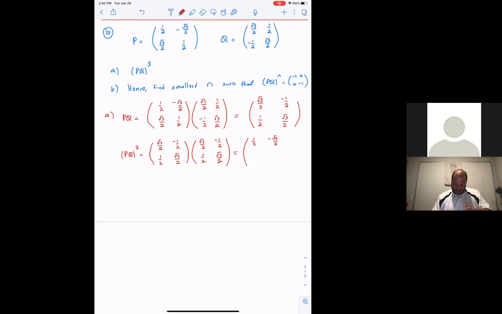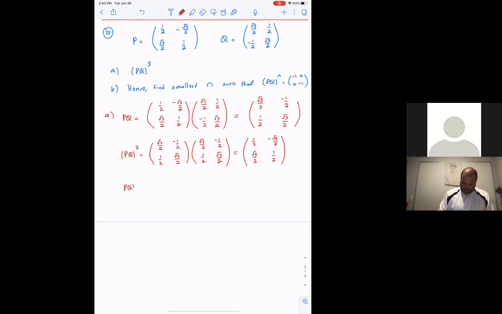Root 3 over 4 plus root 3 over 4 is root 3 over 2. And negative 1/4 plus 3/4, 2/4, is 1/2. So PQ squared is actually the same thing as P.